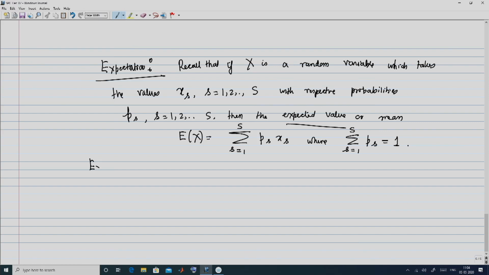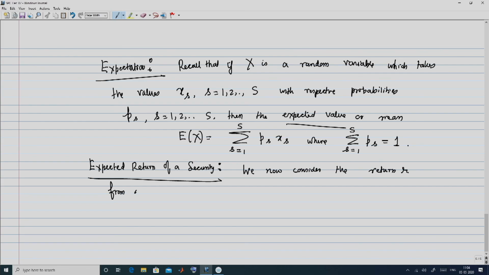So, now let us extend this notion to the expected return of a security, and obviously I mean mostly from the point of view of a risky security. So, we now consider the return R from a risky security as the random variable.